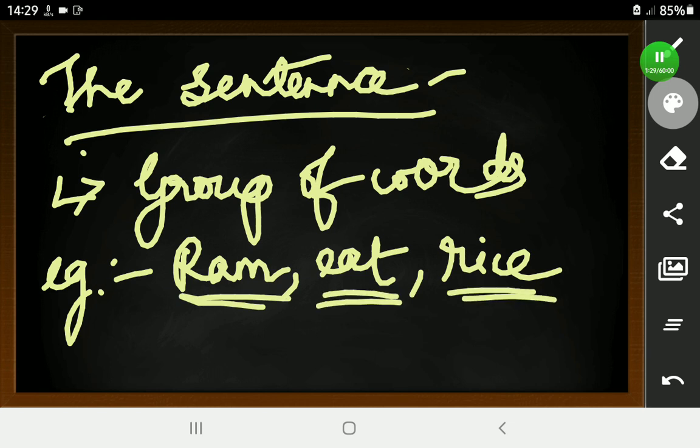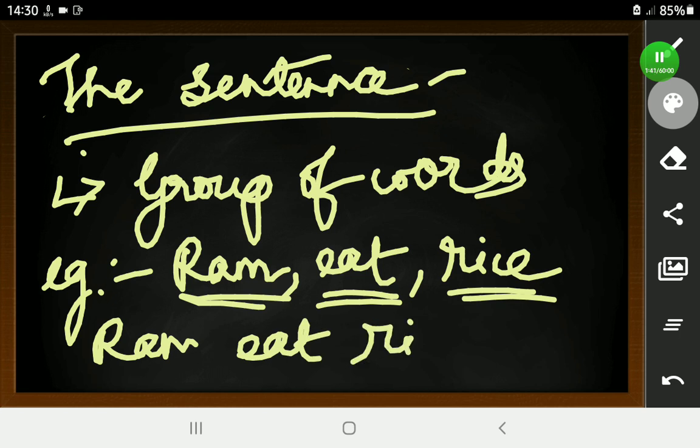When I compile these three words, it becomes a sentence. Now the proper sentence becomes Ram eat rice. Now grammatically the sentence is wrong because here it should be Ram eats rice. Okay, you should properly see this.